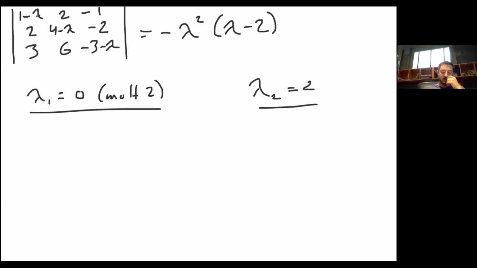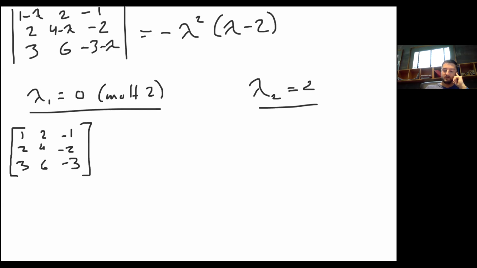So then we fill in the lambda for the appropriate eigenvalue, row reduce, and figure out what our eigenvectors for these spaces look like. I'd want to row reduce the matrix 1, 2, -1; 2, 4, -2; 3, 6, -3 for when lambda is 0.